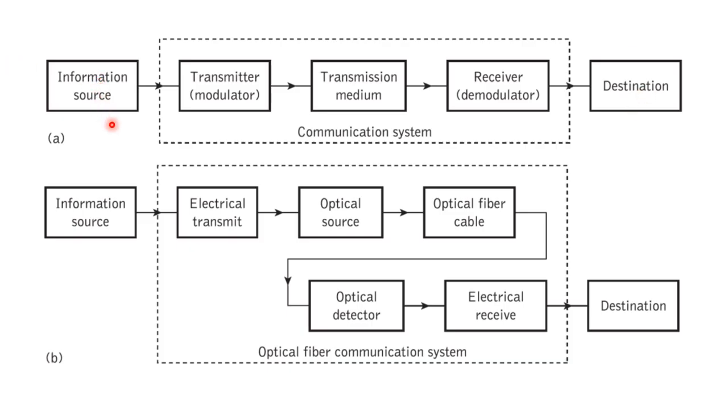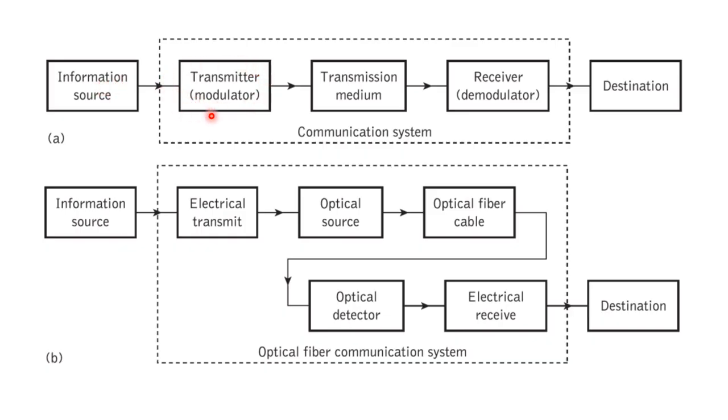Now let us try to understand the basic block diagram of optical communication system. So before that, let us recall the block diagram of conventional communication system. Here we have the information source, that is information generator, or the thing that generates the actual information.